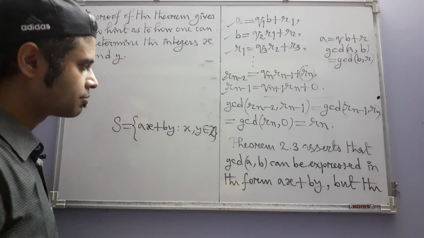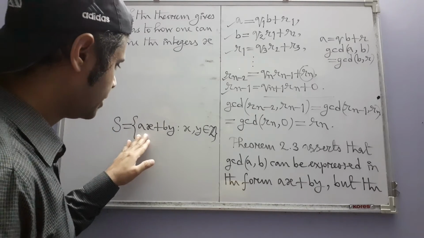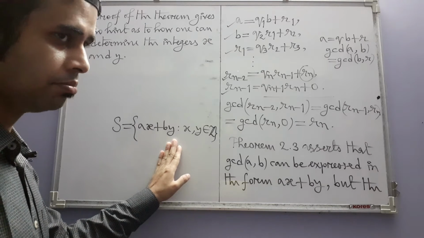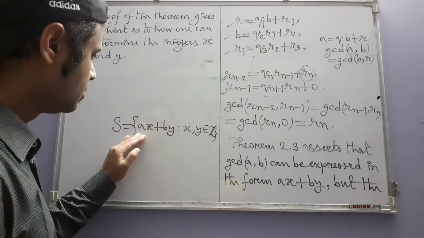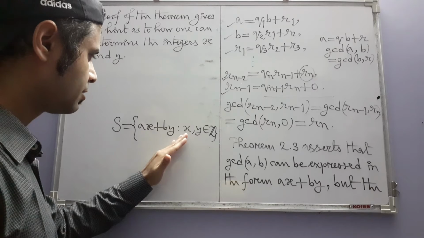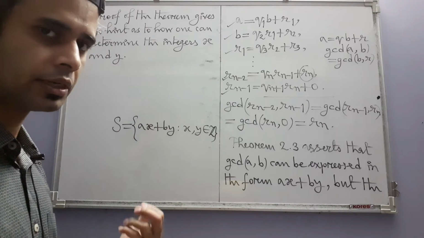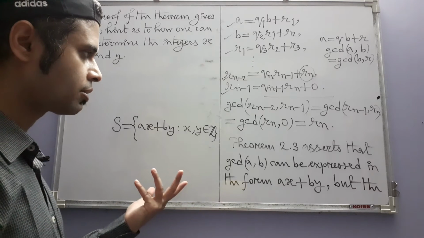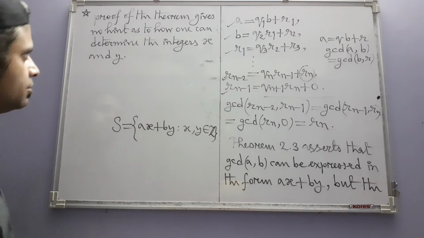The well ordering principle tells us that there is a smallest positive element in this set because there are positive elements in this set. But it does not tell us for what values of x and y that positive element is achieved. And that's where it fails. I mean, the proof is not a constructive proof, it's an existence proof.